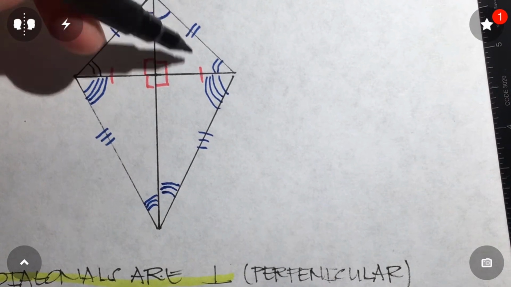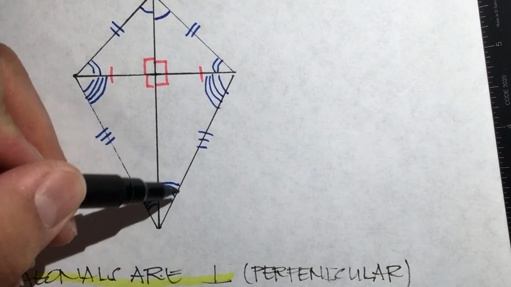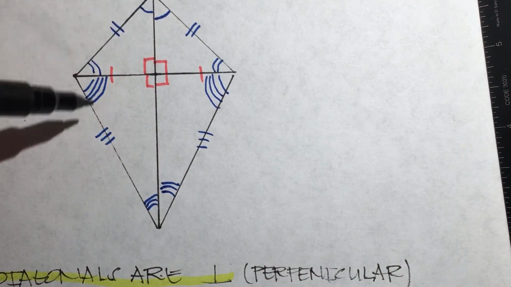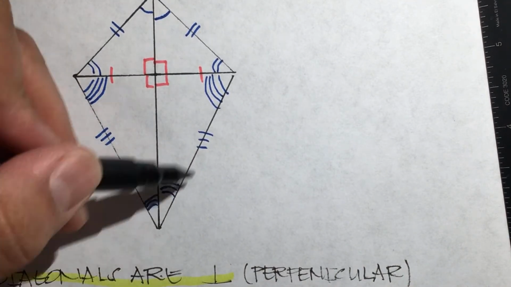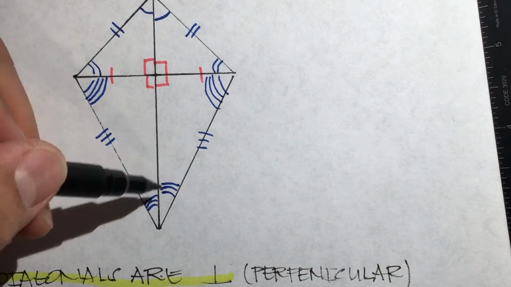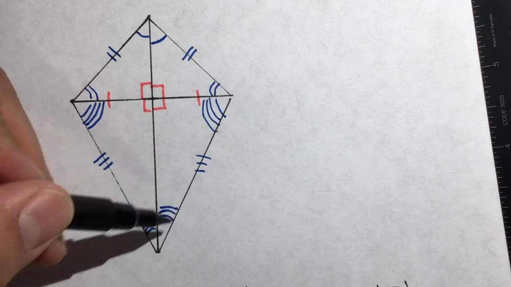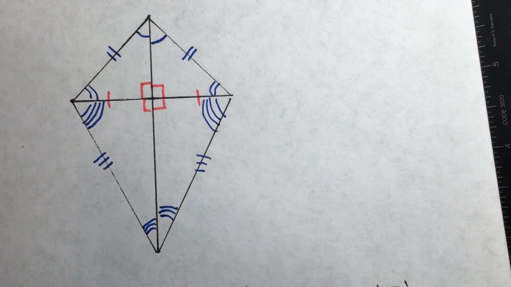That's 2 tick marks. So here, opposite sides are not congruent, but this side is congruent to this side. So the sides that are next to each other. So these two down here and these two down here, 2 pairs of next to. The word for next to is adjacent. A lot of vocabulary today.